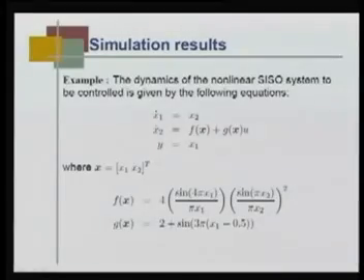For simulation validation, we take a single input single output system where x 1 dot is x 2, a second order nonlinear system, x 2 dot is f x plus g x u, y equal to x 1, where f x is given by this nonlinearity, which is 4 sin 4 pi x 1 by pi x 1 into sin pi x 2 by pi x 2 whole square, and g x is given by this term. You can easily see here g x is a positive quantity. It can never become negative.